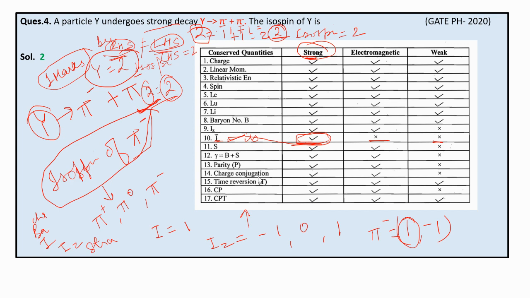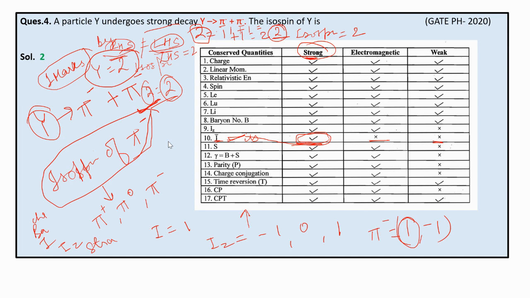Okay. I hope it is clear. Ma'am, how do you know that this interaction always goes through strong interaction? In this case, actually, you do not know the Y particle. Yeah, I don't know the Y particle, but in the question it is given that it is going by strong decay. And I know this table, which shows how these quantities behave with which interactions.